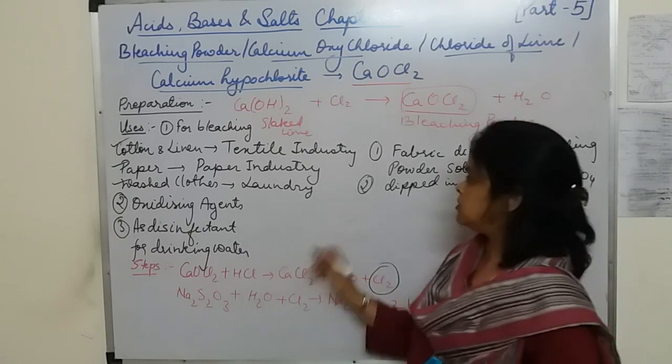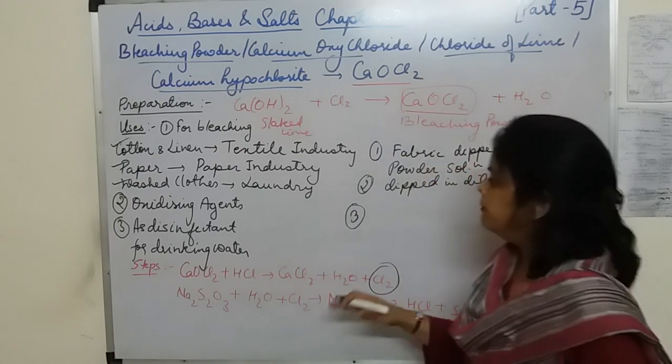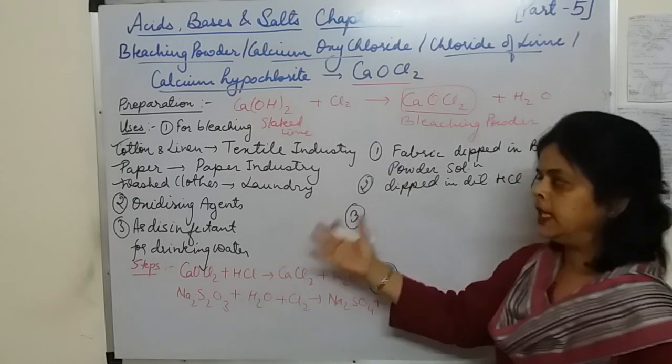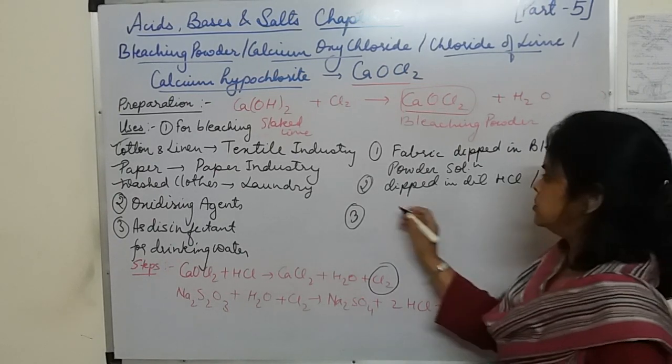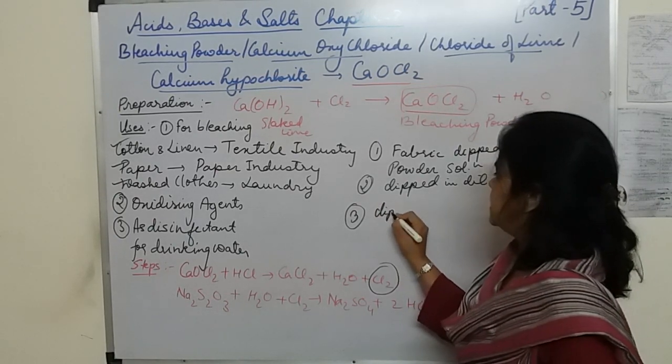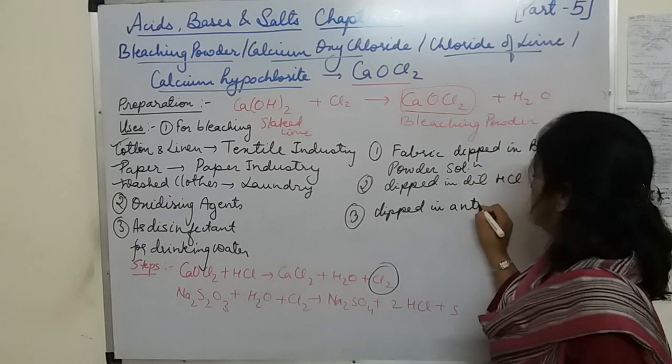Now excess of this chlorine, it is removed from the fabric by adding anti-chlor. That means the fabric, it is now dipped into the anti-chlor solution. Third step, dipped in anti-chlor.